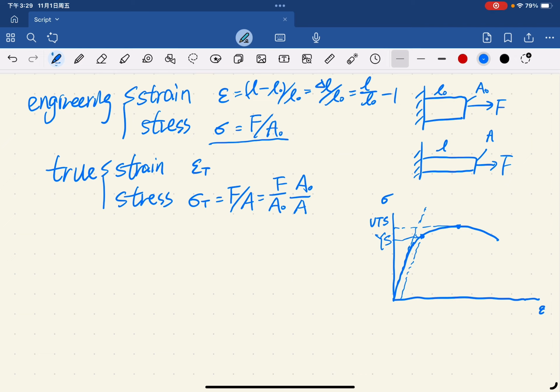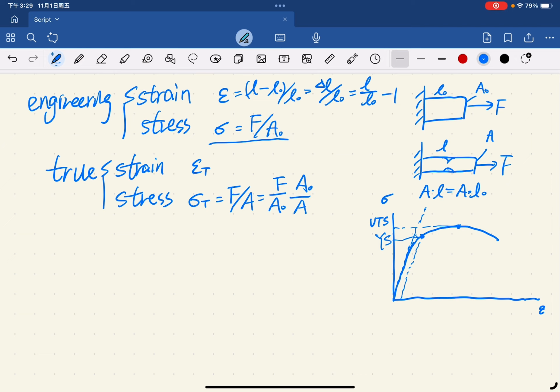The volume stays unchanged. After this UTS point, the necking point, necking will happen, but necking barely affects the actual volume of the workpiece. So we just ignore the effect of necking in this part, and we still say that the volume of the workpiece, the rod, equals the cross-section area times the length.